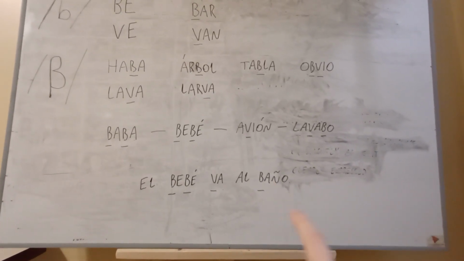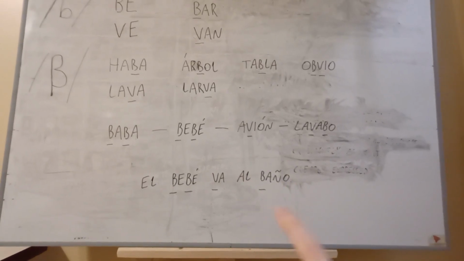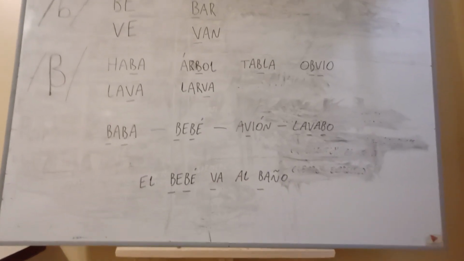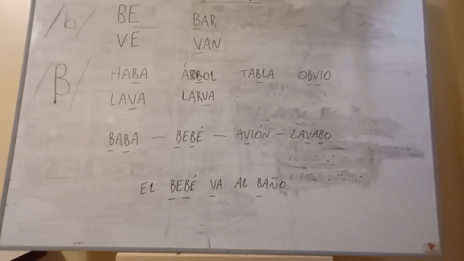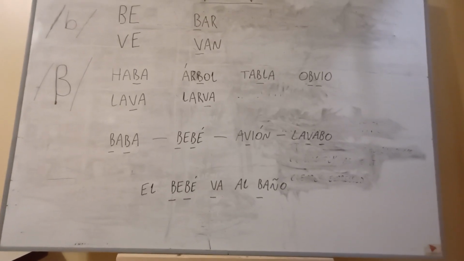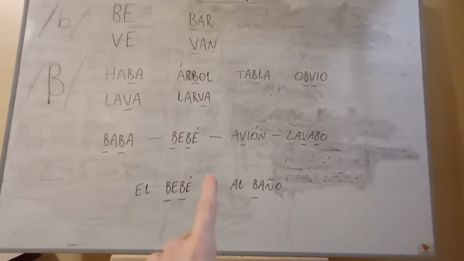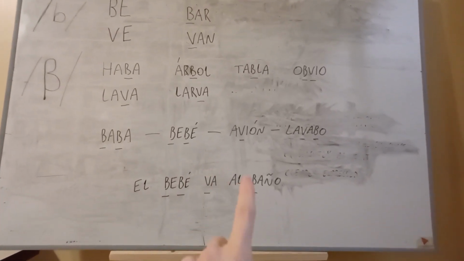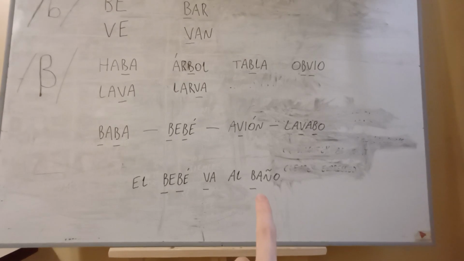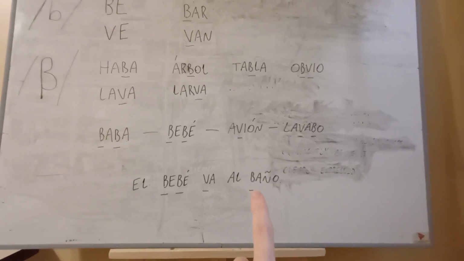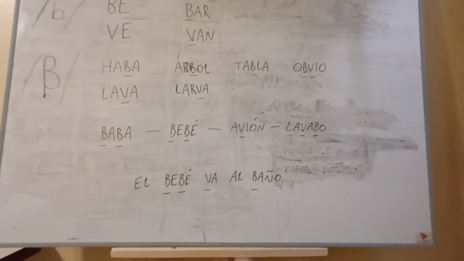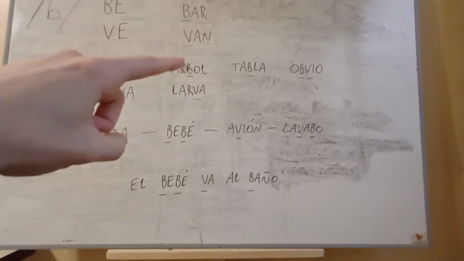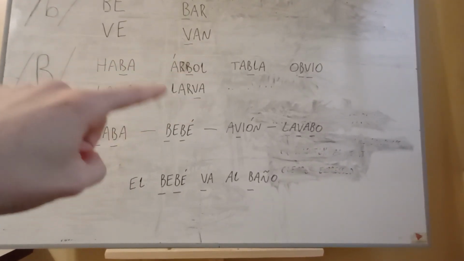And now let's see the last one, al baño. I am producing the approximant here as well. We have a word that ends in a consonant and the following word which begins in B. So it's the same case as here.